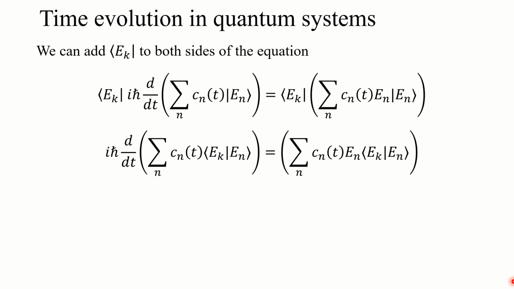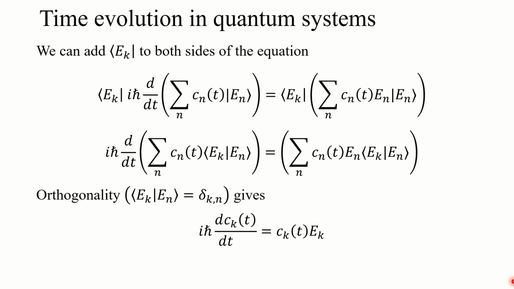But since the energy eigenbasis is orthonormal, these inner products are equal to 1 when k and n are equal, and 0 at all other times. So this equation simplifies to just iħ times the derivative of the kth coefficient with respect to time equals the kth coefficient times the energy of the kth eigenstate.